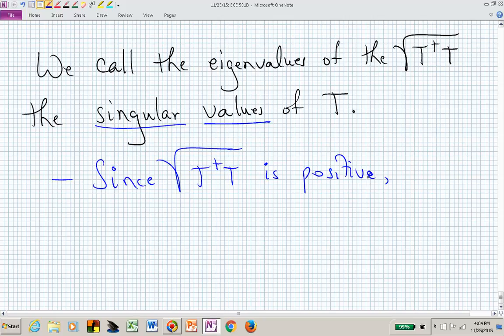Since the positive square root of T dagger T is positive, singular values of this matrix, or of this operator T, are always non-negative.